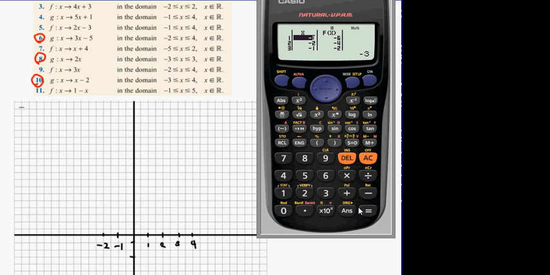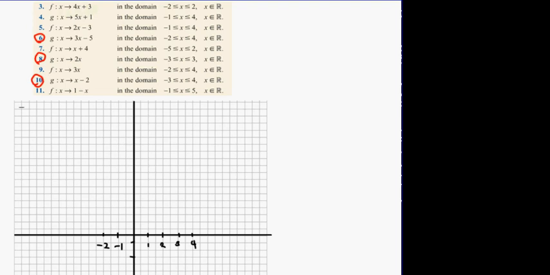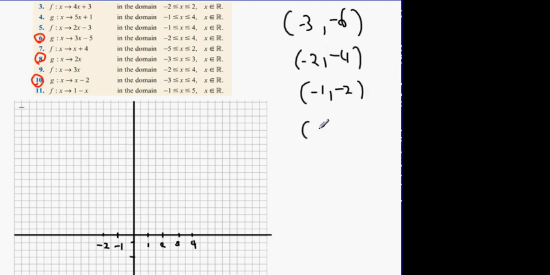Ever get them ones? Now, remember what we said? Can you guys write down all the points for me? What are the points? Minus 3, minus 6, next one? Minus 2, minus 4. Yeah, after that?